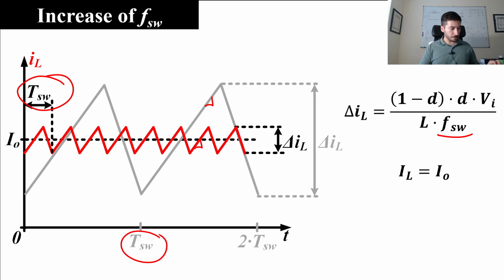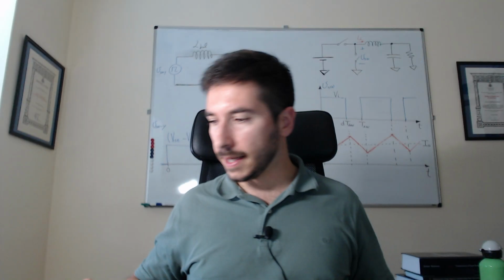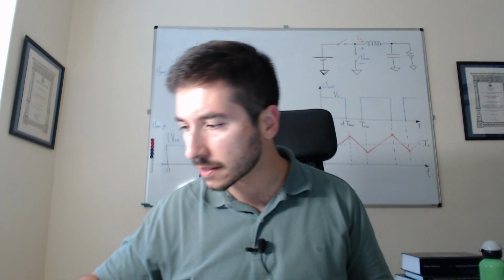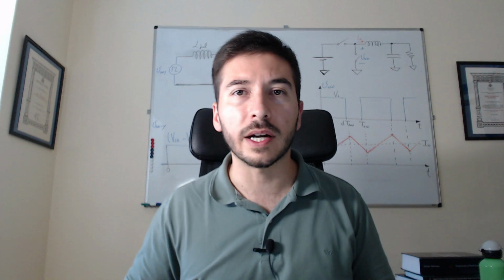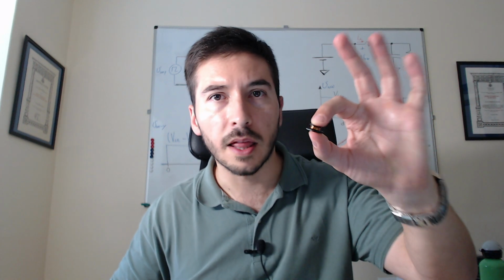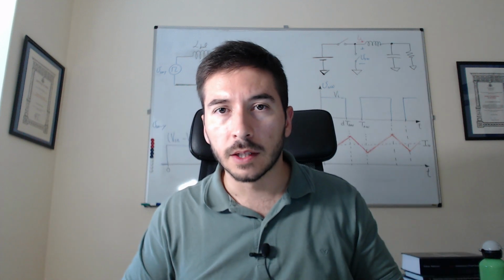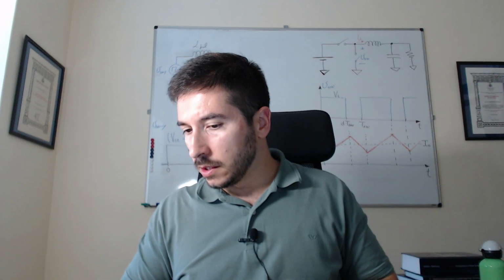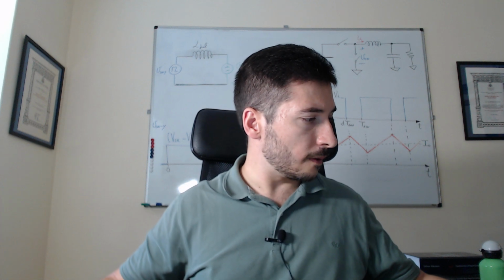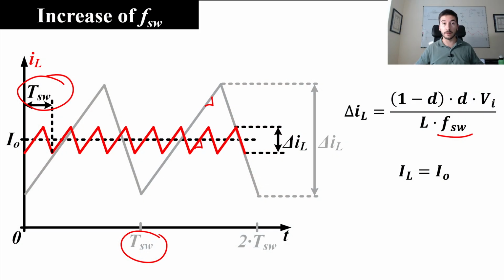Okay, so now let's go back to the initial conditions. How do we know if the inductance that we require for our buck converter is this one or this one or another one? In order to answer this question, we need a rule.